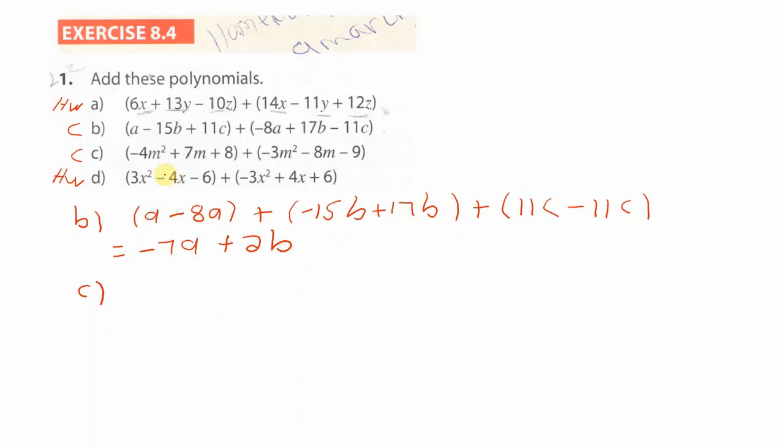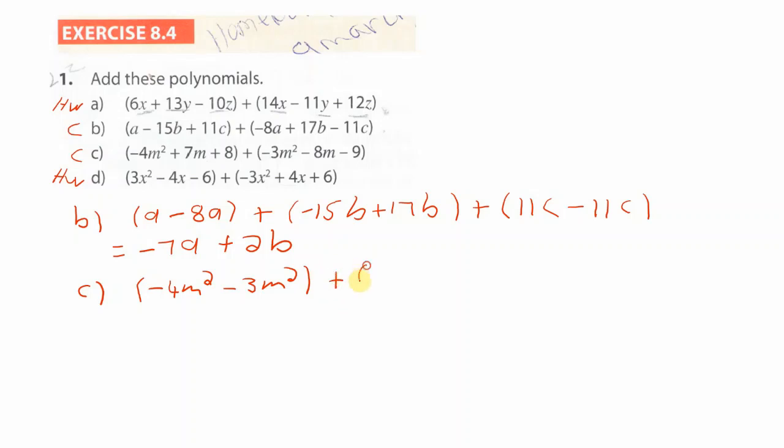In this case, we have negative 4m squared, we have negative 3m squared, we can group them. So we use brackets to group, so we have negative 4m squared, a plus times a minus is a minus, so we have minus 3m squared. Next we look at the m's, we have 7m.